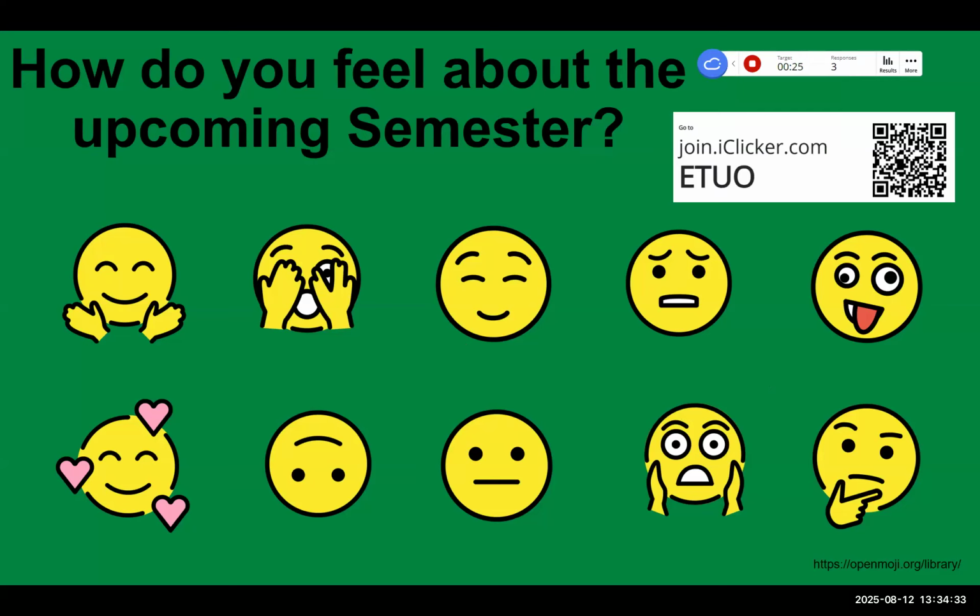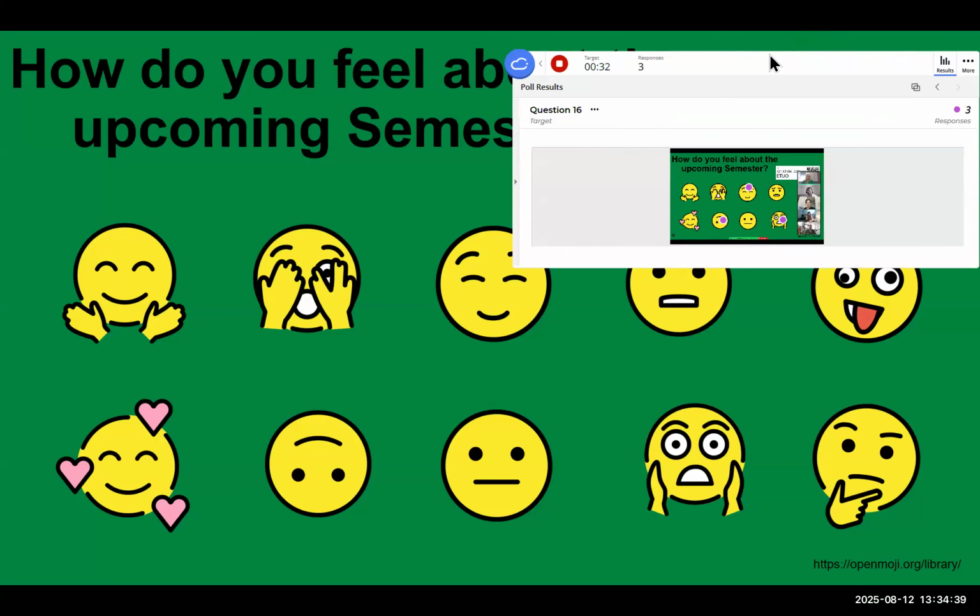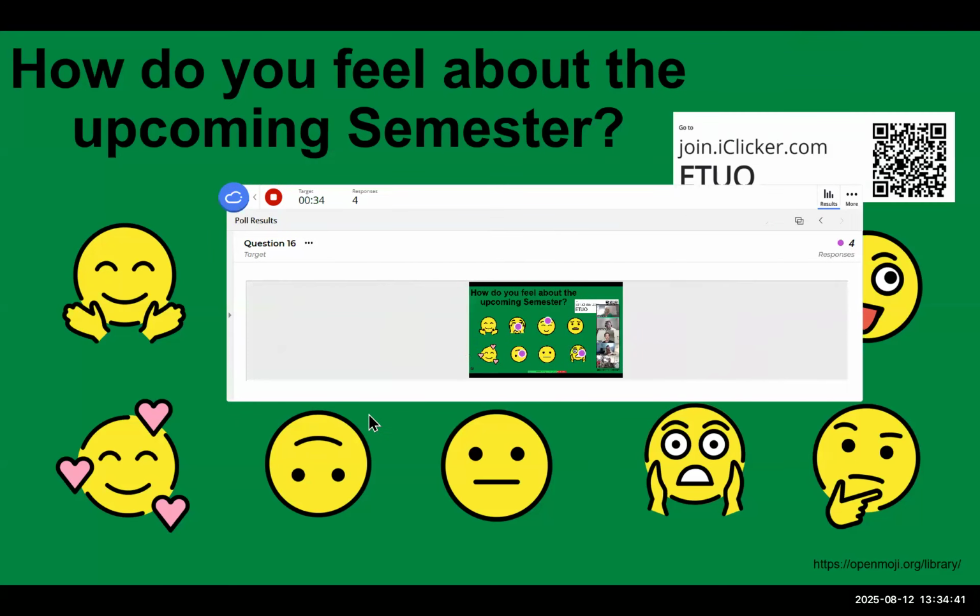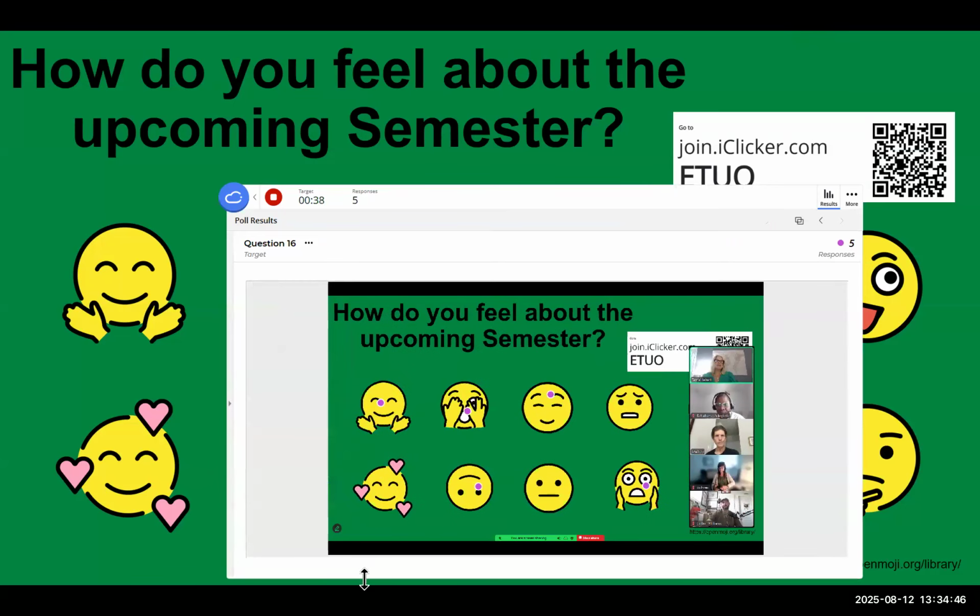Are we overjoyed? Are we scared? Are we frustrated? What are the other little emojis here? We have the upside down one, and then we have one that looks pretty scared. Guess we can do some of those.